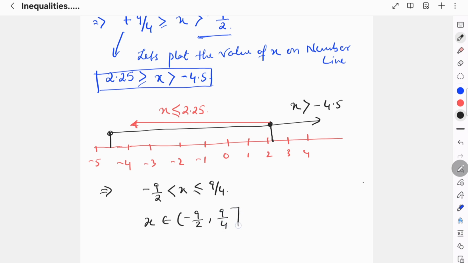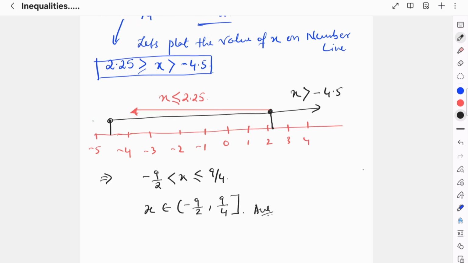So x will be greater than negative 9 by 2 and it will be less than or equal to positive 9 by 4.